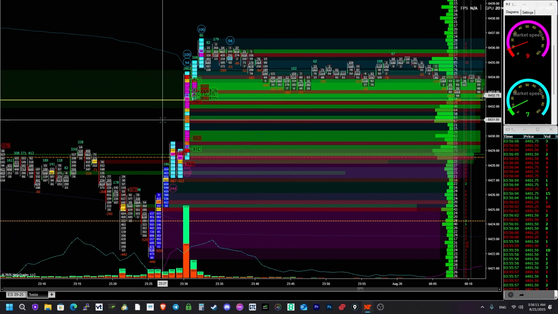As you can see, using level 2 data and order flow gives you an advantage in the market. Two advantages, actually. The first one, and the most important one, is that it's so much easier to spot reversal points.